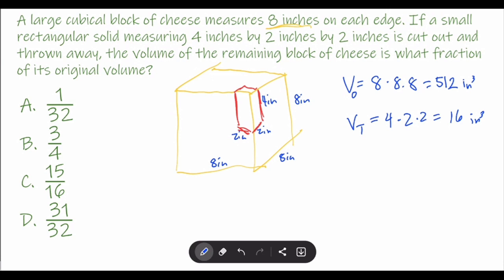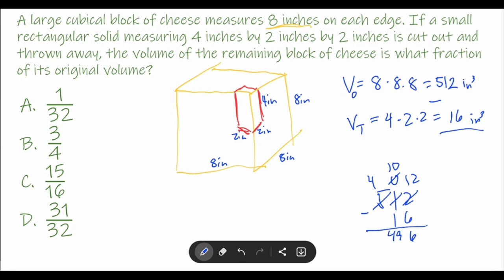So what is left is, if I subtract this 16 from 512, I borrow from here. 12 minus 6 is 6, and then borrow from here, 10 minus 1 is 9, then 4.